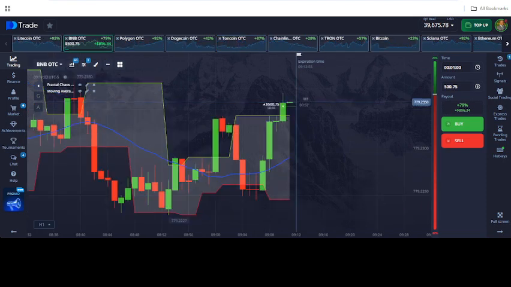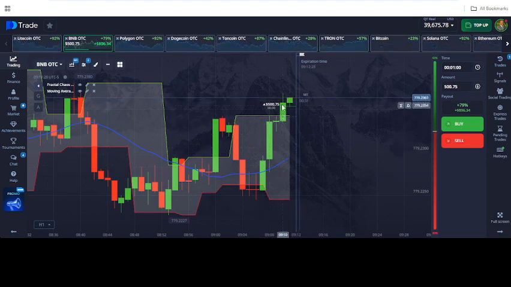Okay, so I'm on BNB and I just took a buy trade here. And the reason why I took the buy trade, first of all, if we look at the SMA, it's beginning to slope upwards, which suggests the start of a bullish momentum here. The candles are printing above the 20 SMA line.